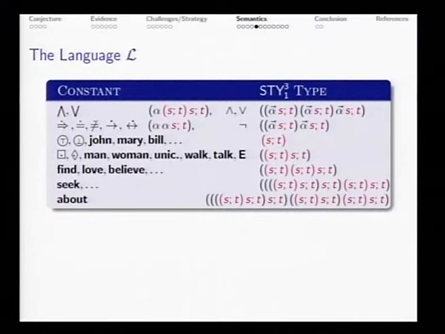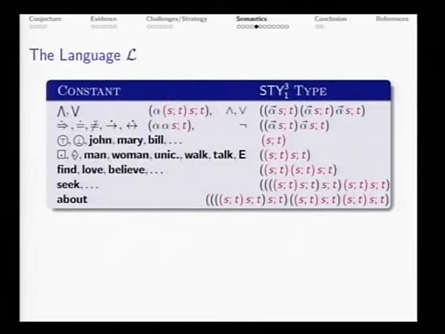Now let's start by presenting this specific language, and we assume that this language consists of single type stand-ins for the familiar truth functional connectives and quantifiers. For example, here you see the stand-in for the universal and the existential quantifier, logical implication, the stand-in for identity, etc. And also we assume, of course, that this language contains the single type translations of certain PTQ words, like the translations John, Mary, and Bill of the proper names John, Mary, and Bill.